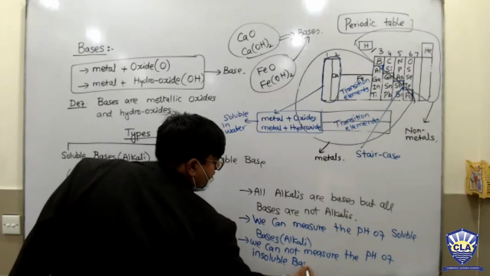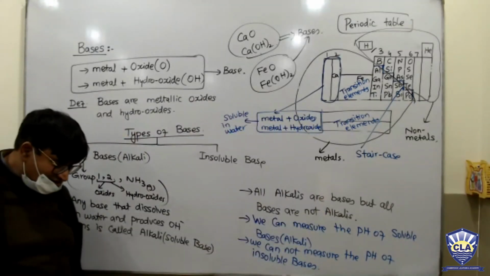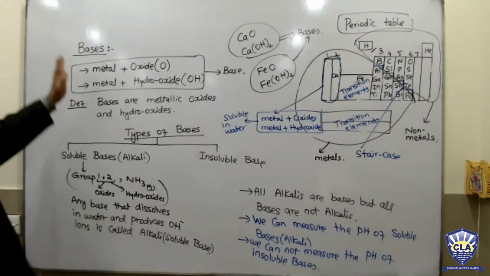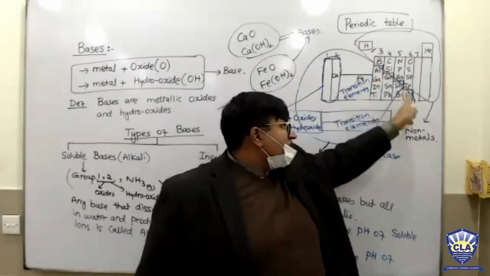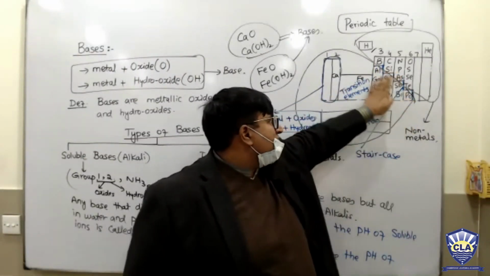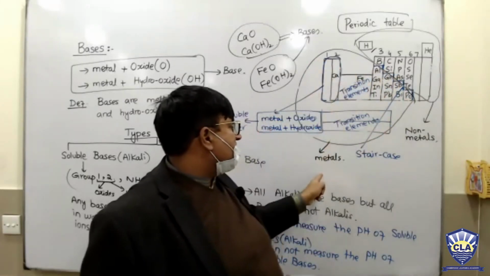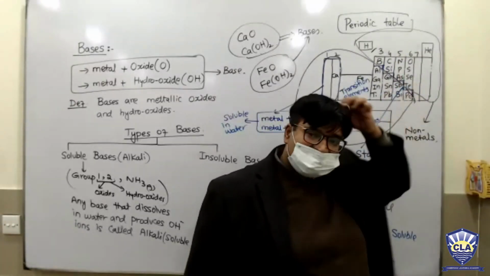Okay, my dear students, I'm going to repeat this whole stuff for you so that you can understand it fully. First of all, we started with the bases. This is the periodic table. You can draw a staircase up here, and all the elements under the staircase are metals. The elements above the staircase are non-metals.